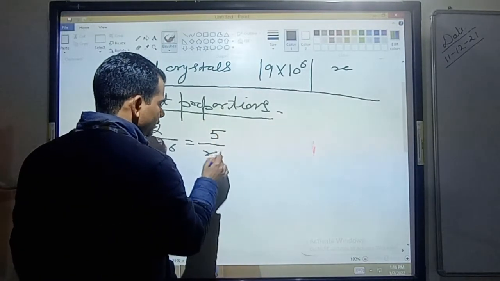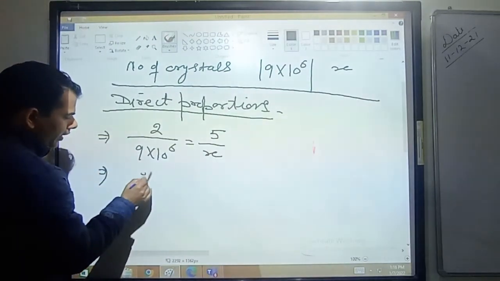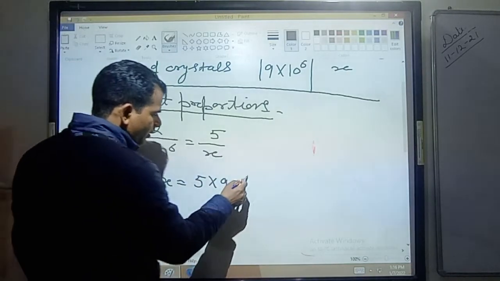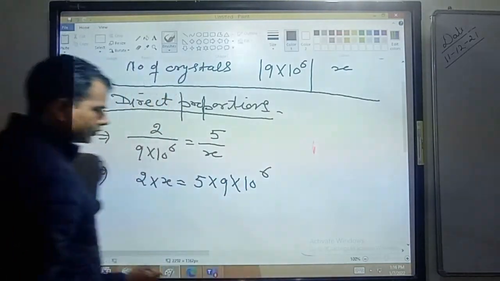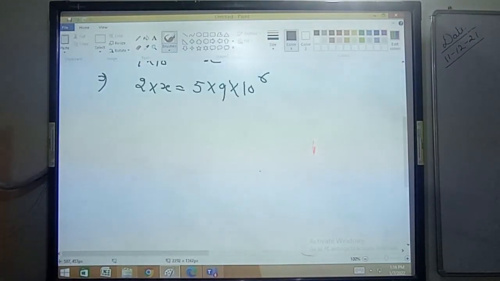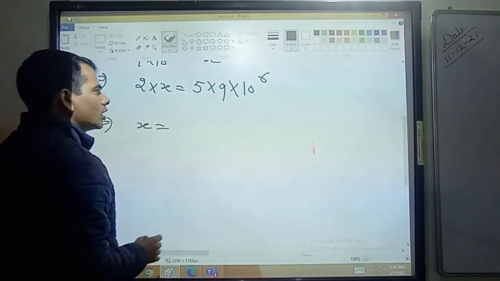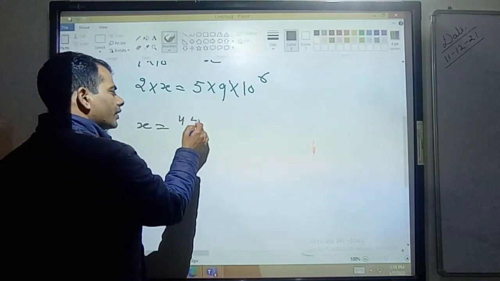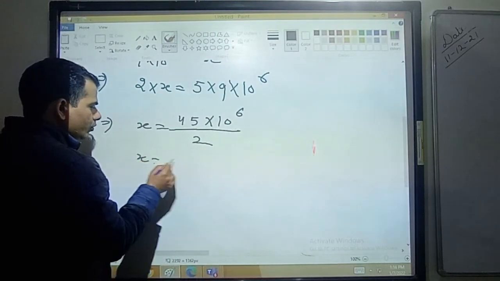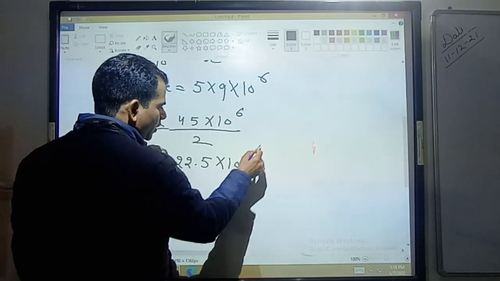Now 2 into x equals 5 into 9 into 10 raised to power 6. So x is equal to 45 into 10 raised to power 6 divided by 2. It becomes 22.5 into 10 raised to power 6 crystals.